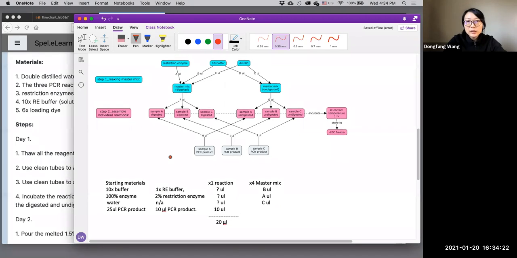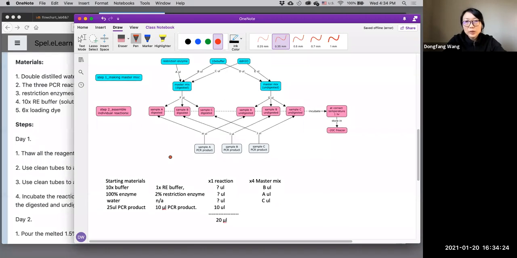So we can see that this is a lab that again requires the assembly of a master mix. I have this calculation already set up. If you need any reminder, please go to the lab 3 flowchart for a more detailed explanation of what a master mix is. I'm going to point out the common ingredients.